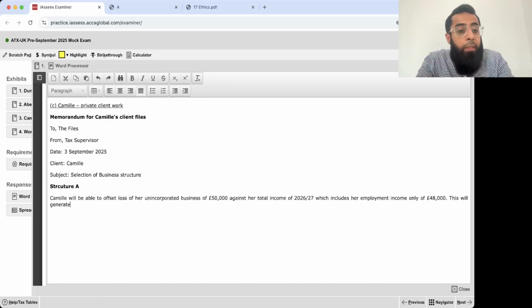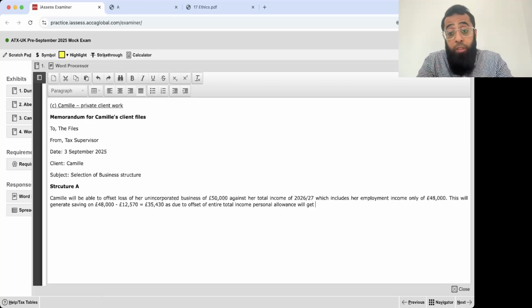This will generate saving on what amount? 48,000 minus 12,570, 35,430. As due to offset of the entire total income, personal allowance will get wasted.